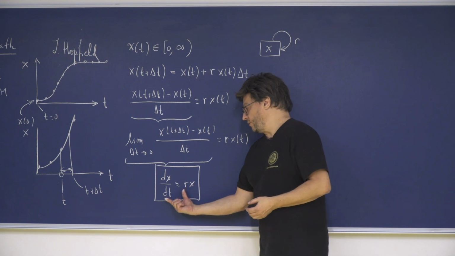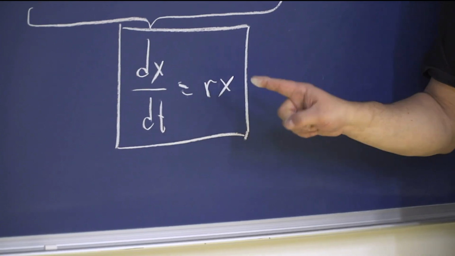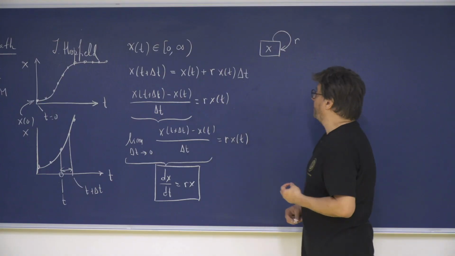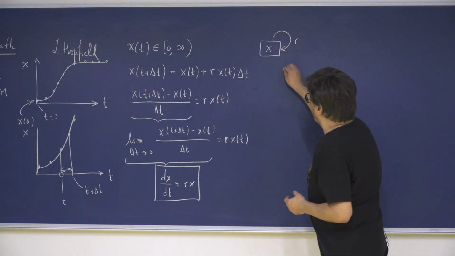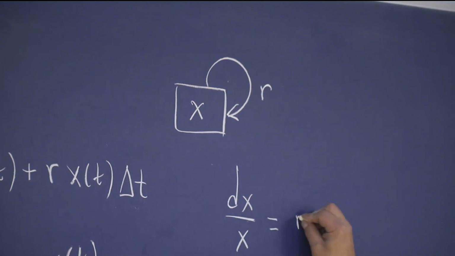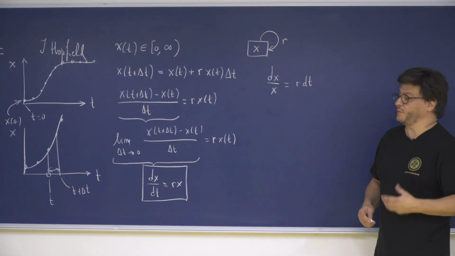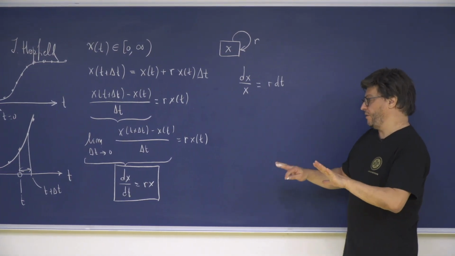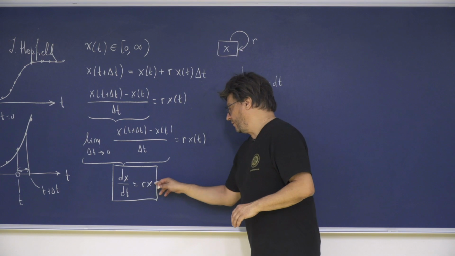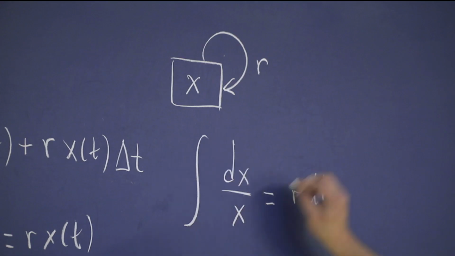This is an equation that tells me how the speed changes over time, but I want x. I want the solution. And for this system, things are easy to do because this system is a kind of differential equation, the simplest one you can formulate, almost the simplest one, right? You can separate the variables, put the x here, dt here, so have x and time separated, and you can integrate.